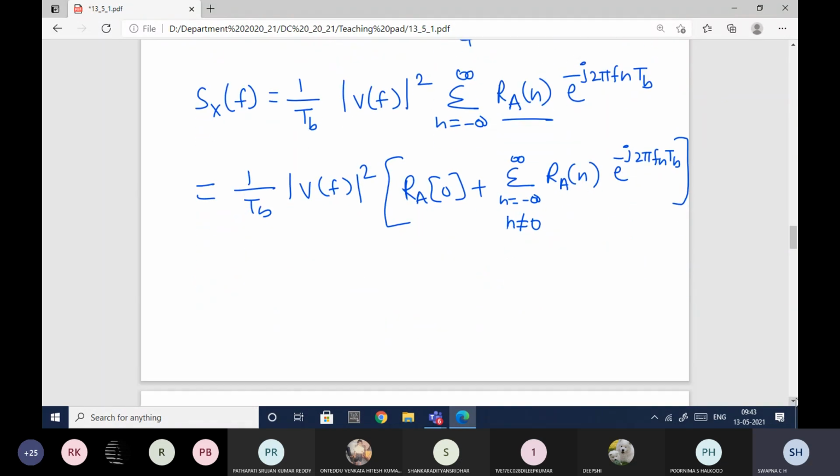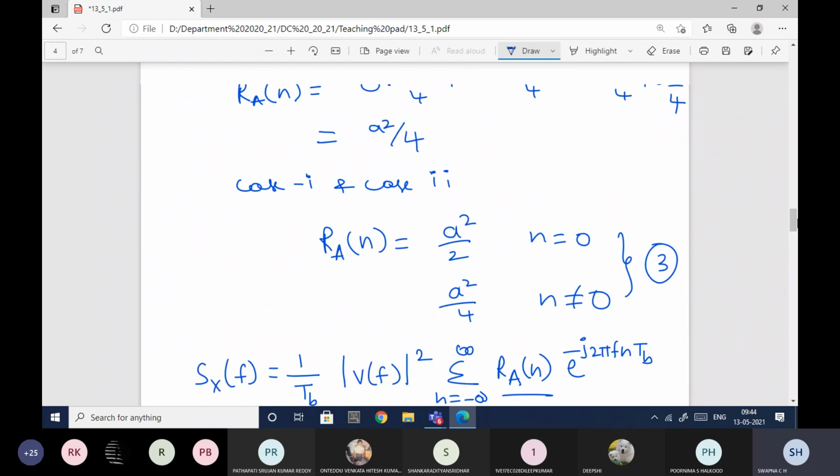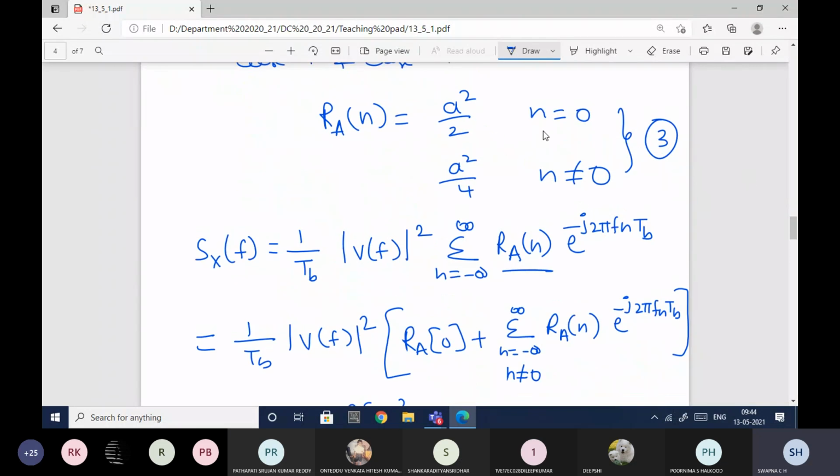Now again I'll substitute the values. 1 by TB, mod V of f is nothing but TB sinc FTB whole square into Ra of 0 is nothing but A square by 2. Third equation I'm substituting. Third equation is this one. When n is equal to 0, it is A square by 2.